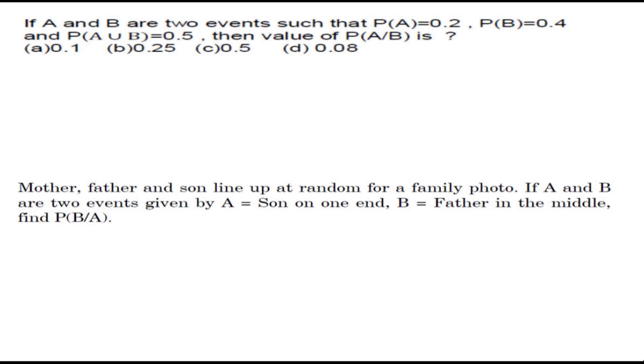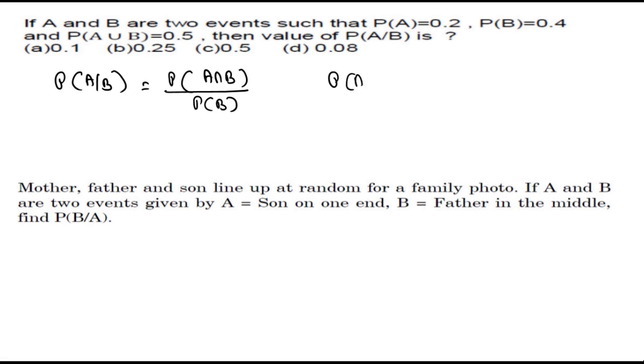This question, you see, if A and B are two events such that probability of A equal to 0.2, probability of B equal to 0.4, A union B 0.5, then what is the value of probability of A given B? We want the probability of A given B, that is probability of A intersection B divided by probability of B. B we know already. Now A union B is given.